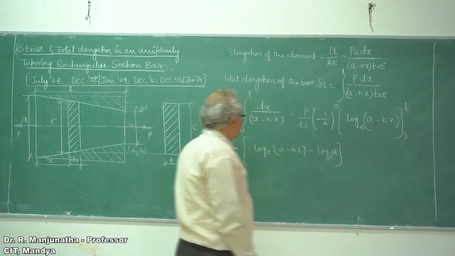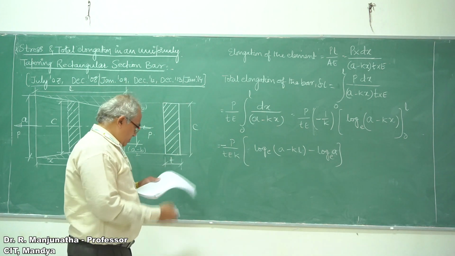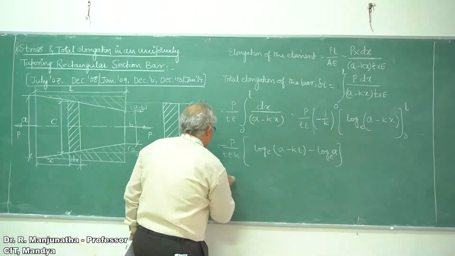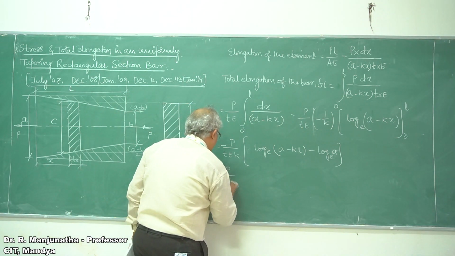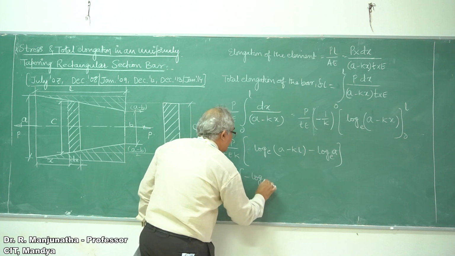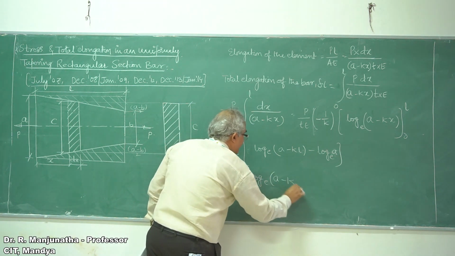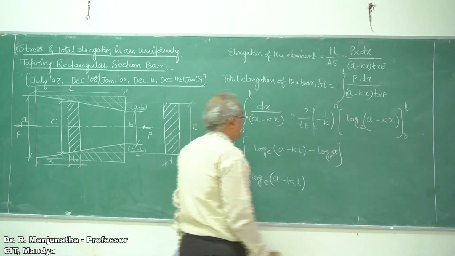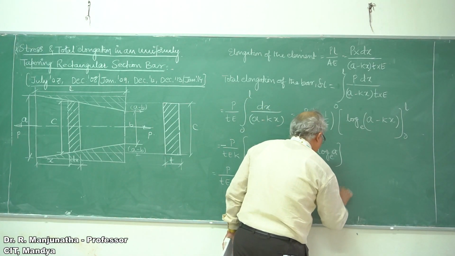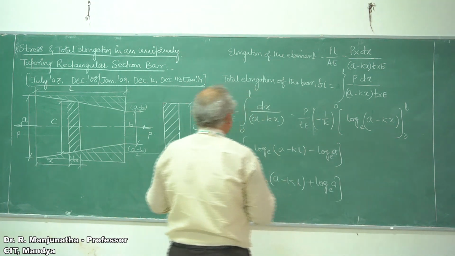So we have applied the limits. Now we will open it out: that will be equal to P by T E into K into minus log of A minus K into L plus log A to base e.